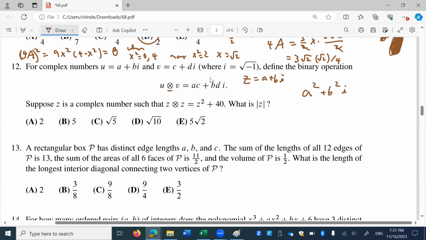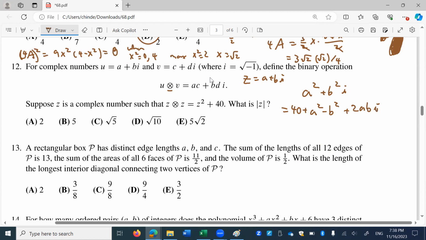But on the other hand, 40 plus z squared, well, the real part is going to be 40 plus the real part of z squared. So z squared is going to be a squared minus b squared plus, now the imaginary part of z squared is 2abi.